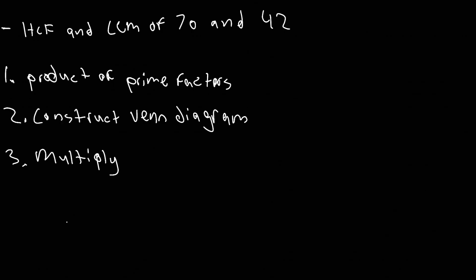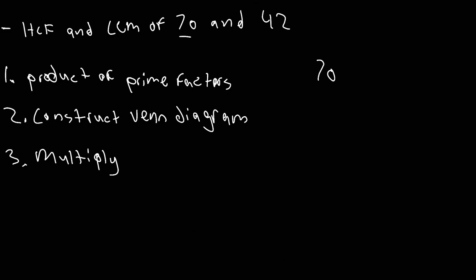So step 1, product of prime factors. Now, we can have a number such as this 70 over here, and we can write it as a product of the prime numbers that are also factors of 70. If you don't know what a prime number is, it's basically a number that only multiplies with 1 and itself as its factors.